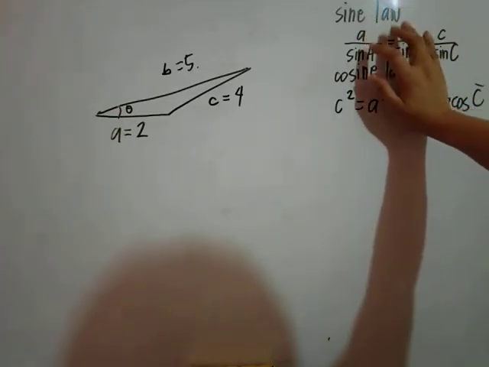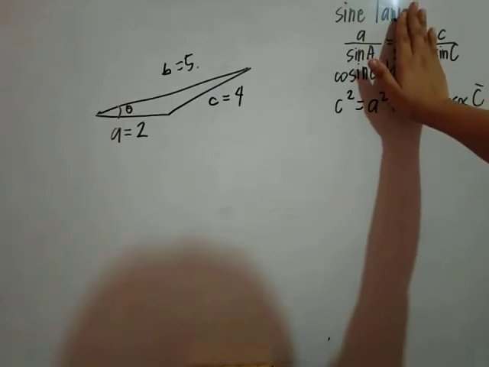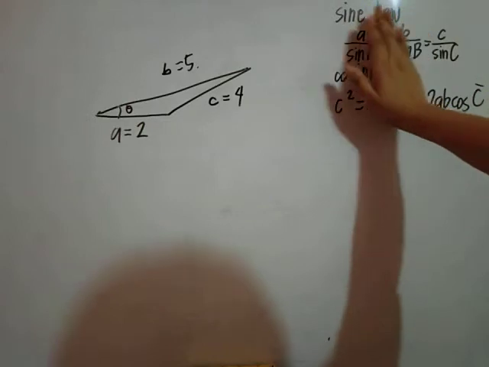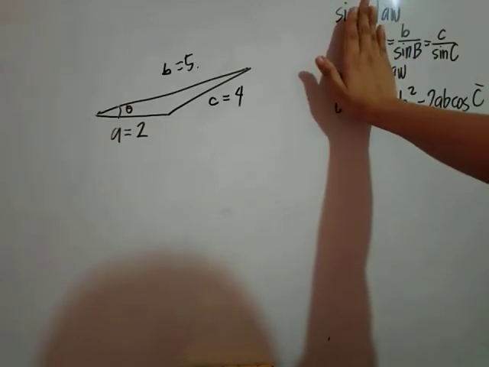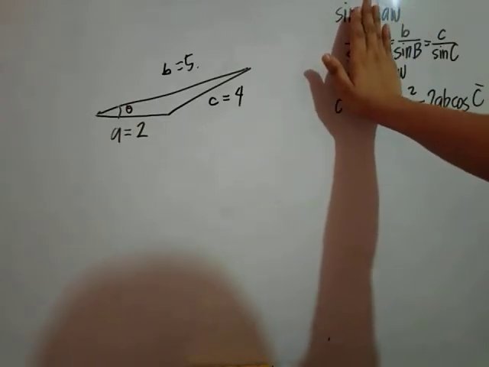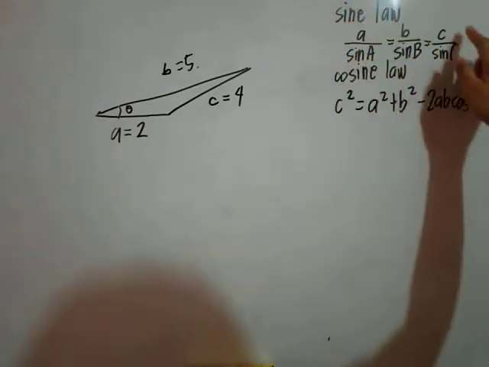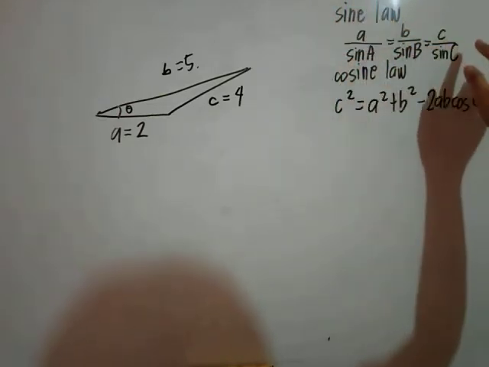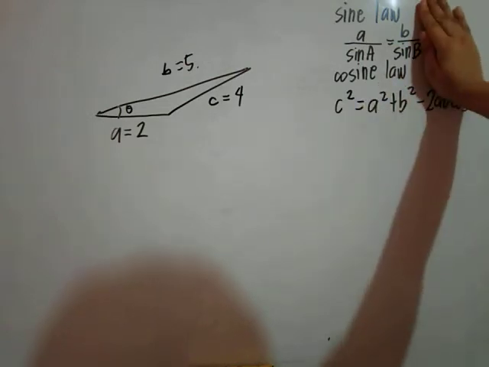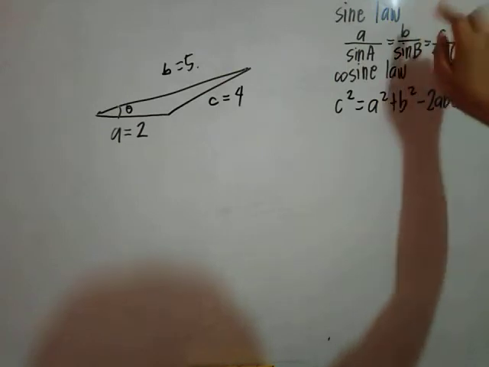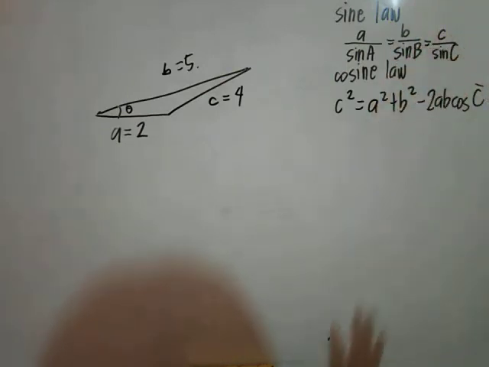Parang nag-ratio and proportion ka lang ng dalawa. So, A over sine A is equal to C over sine C. Or di kaya walang value itong side A, yung meron lang is si B at C, ito lang yung gagamitin mo. Not necessarily na silang tatlo na andun sa equation mo. Ang equation, isa lang yung equal sign, bali sa left side and right side ka lang. Wala ka ng pangatlo pang side.